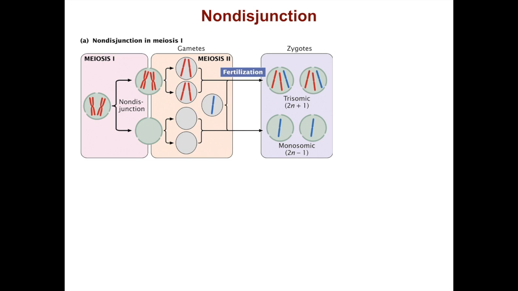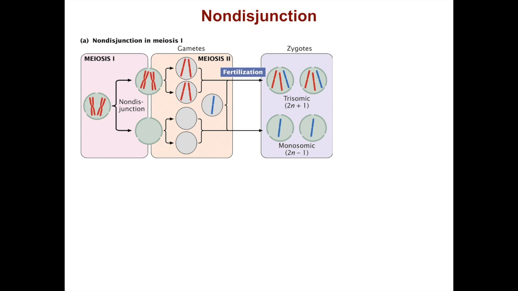In meiosis 2, then you would get gametes that contain certain chromosomes, and in fact, they have 2 copies of that chromosome. And then other gametes that contain none of that chromosome, because one of the chromosomes that was supposed to go to that cell in meiosis 1 didn't get there.